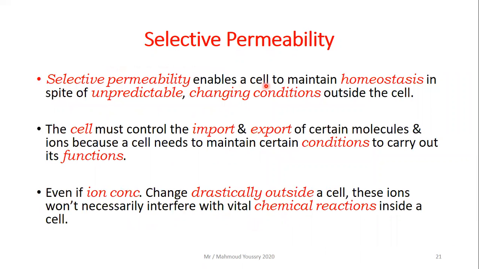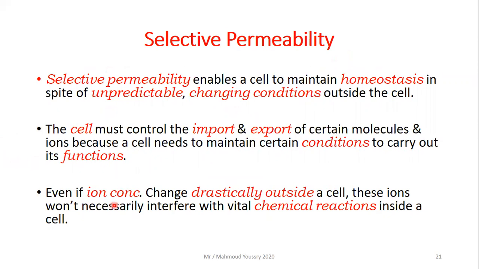Selective permeability enables a cell to maintain homeostasis, a stable internal environment, in spite of unpredictable changing conditions outside the cell. How? The cell must control the import and export of certain molecules and ions because a cell needs to maintain certain conditions to carry out its functions.